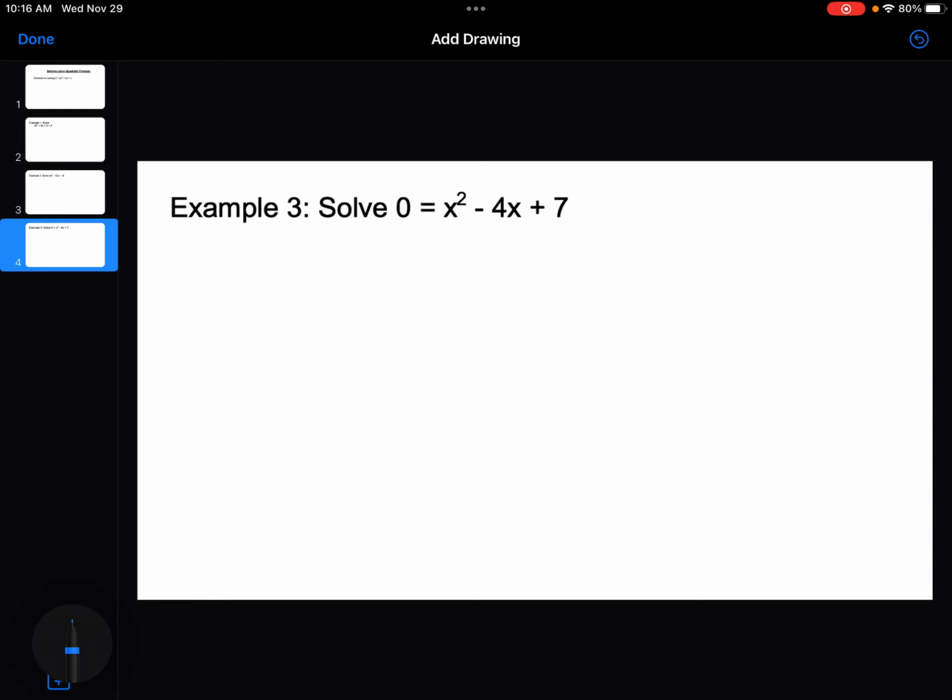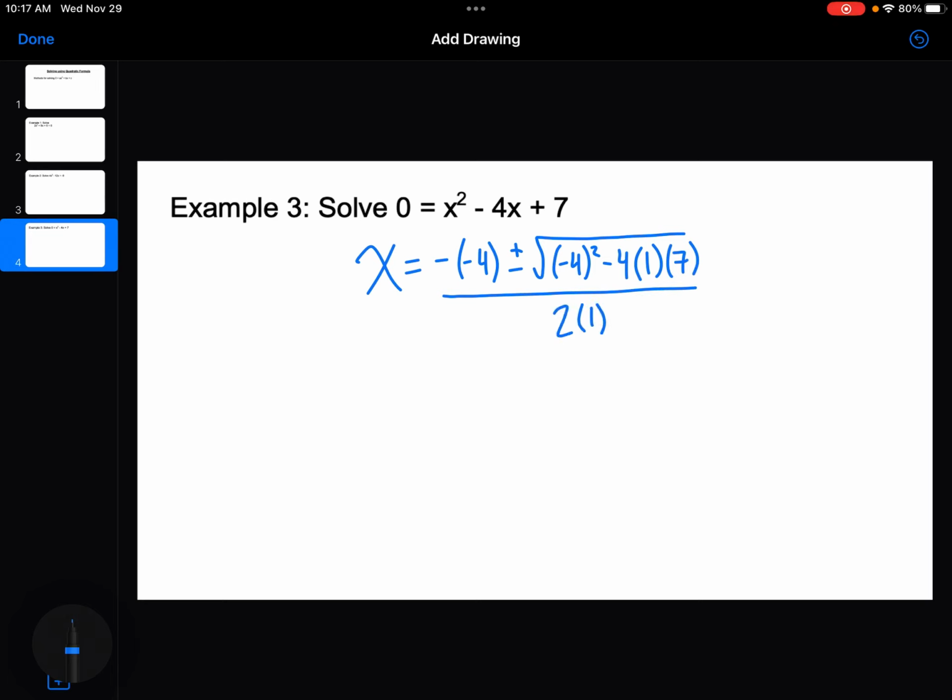And then finally, if we did this question, we're going to get x equals negative, and we've got again negative 4, plus or minus the square root of negative 4 squared minus 4 times 1 times 7, all divided by 2a, which is 2 times 1.